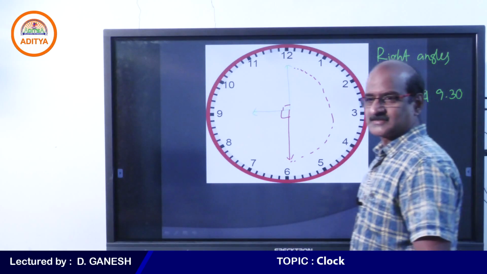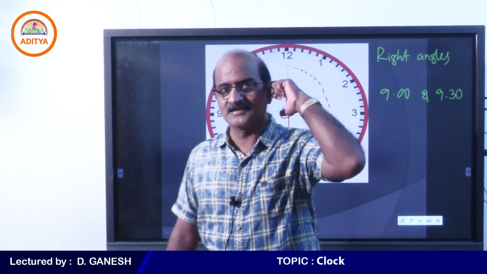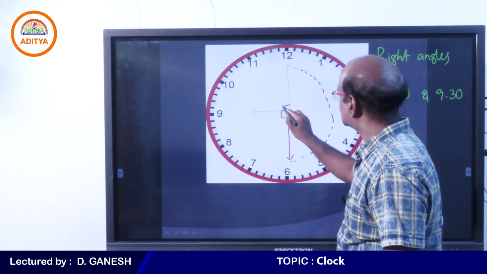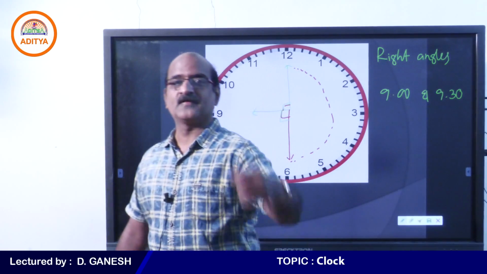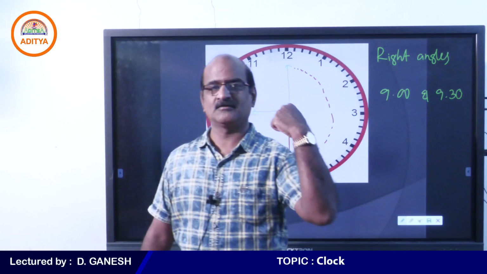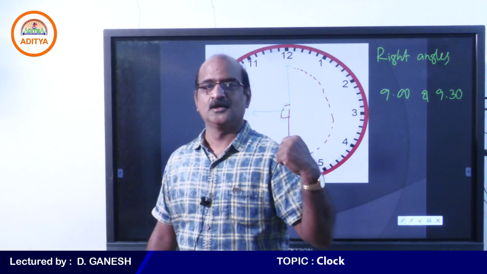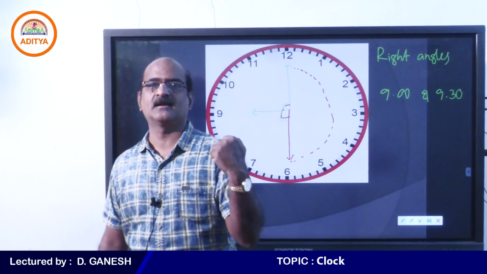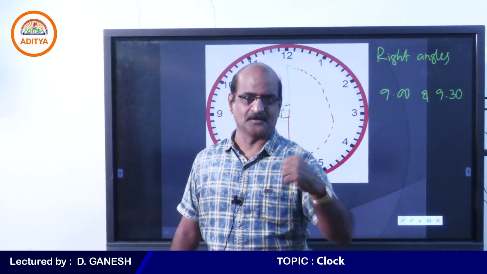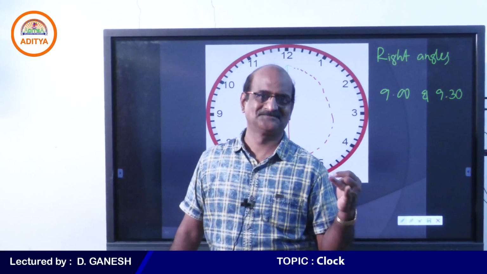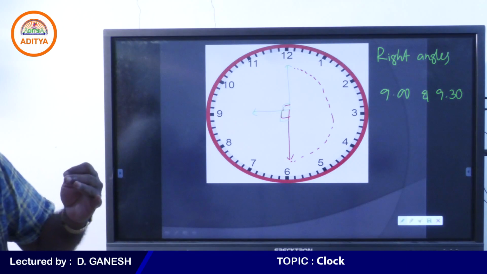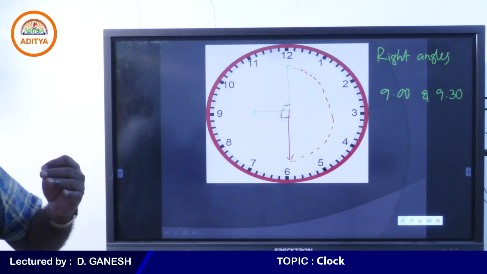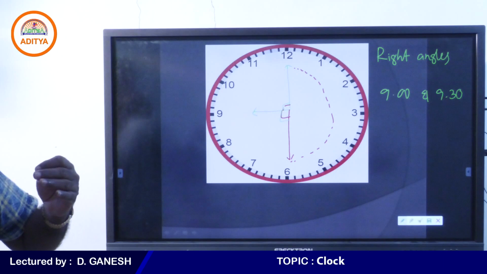At 9:30, this is right angles and this is also right angles. Probably if you have this analog clock, you can see the hands will be at right angles in another 10 minutes. So for your information, my dear students, in 1 hour, the hands will be at right angles every 30 minutes.